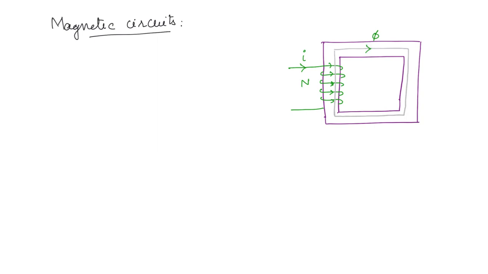Now if you take the electric circuit, there will be an EMF source, electromotive force, connected to a resistance of value R, and the current I will flow. So what is this equation? Ohm's law: EMF is equal to I into R. Now what is the analogy?